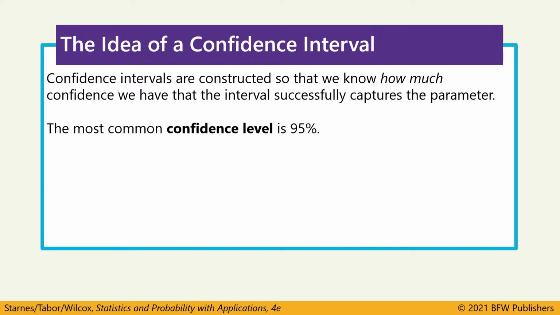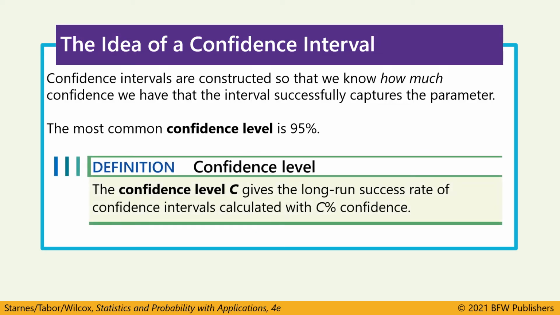The most common confidence level is 95%, but it varies. Sometimes you'll see 90% or 99%. We label it with variable C, and it gives the long run success rate of confidence intervals, meaning that when we create a confidence interval and say the true average amount of money that students have in their pocket is between these two numbers, it would be said with a certain degree of confidence.